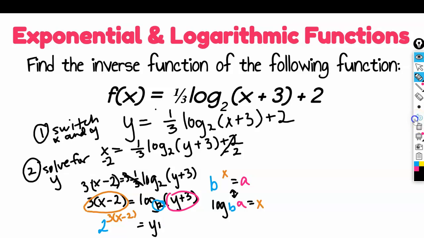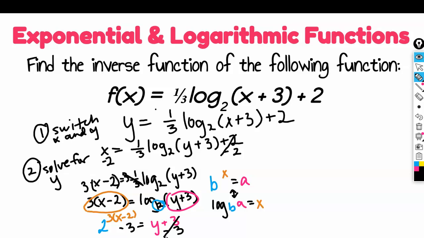I wanted to write it in pink. 5 plus 3. Now it's not quite done because y is not completely alone. So the last thing I have to do is subtract 3 from both sides to make y be alone.